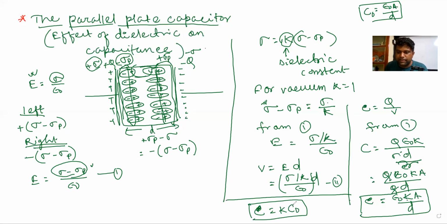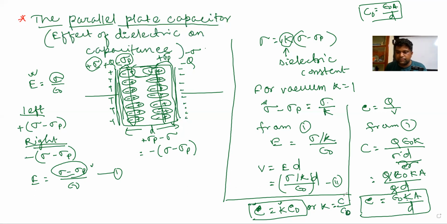So if we multiply the dielectric constant with the capacitance for vacuum between two parallel plates, we get the capacitance when the dielectric is in between the plates. So C equals K C0, or another equation that is sometimes important, K equals C by C0.